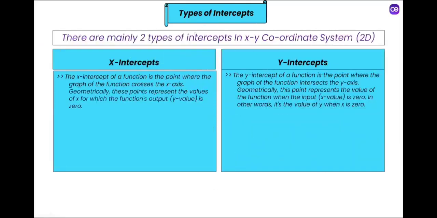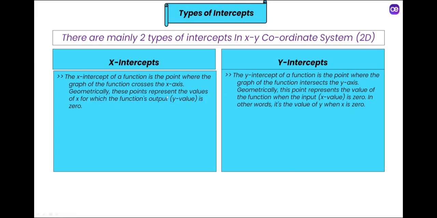Okay, now we learn about types of intercepts. There are mainly two types of intercepts in the xy coordinate system in 2D. Obviously it's two-dimensional. We know about the x-intercept. The x-intercept of a function is the point where the graph of the function crosses the x-axis, and the y-intercept of a function is the point where the graph of the function intersects the y-axis.